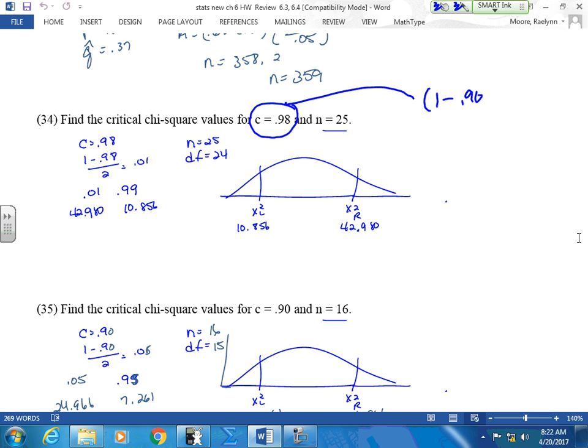But we have table 6. So this is going to become 0.02 divided by 2, 0.01. Its corresponding is 0.99. The area always adds up to 1. If it helps you, make an axis like that, because it's like your first quadrant. So therefore, remember, those all have to be positive.